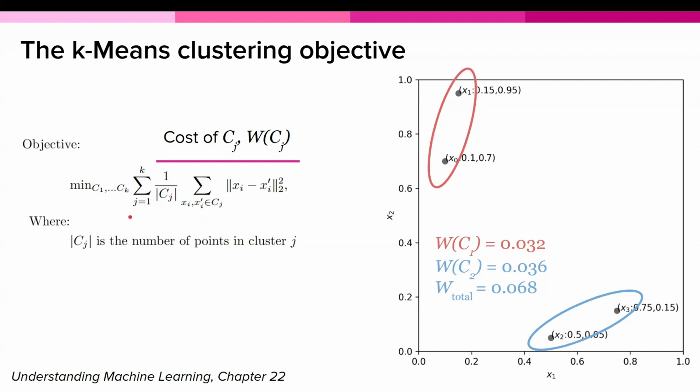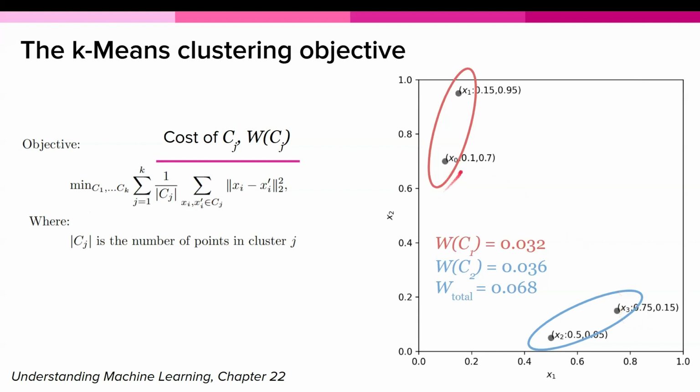And so to give an example of this, we look at the scatter plot here. We have two clusters, cluster 1 in red and cluster 2 in blue. And so in cluster 1, we have points x0 and x1. And for cluster 2, we have x2 and x3.